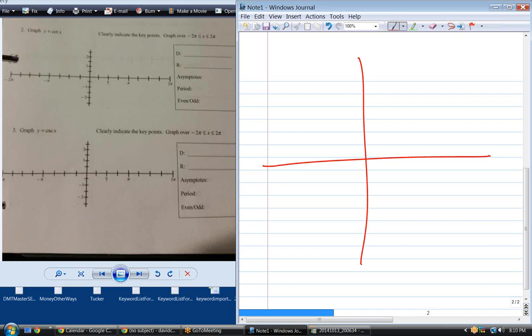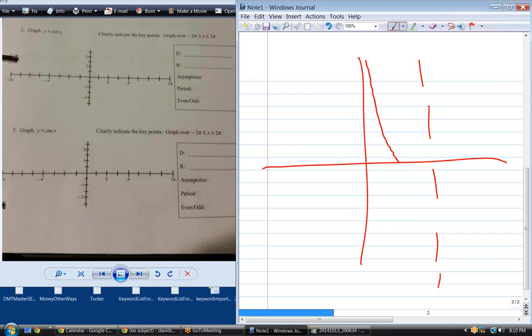By that I mean tangent straddles the y-axis with a period of pi, so it's got to go from minus pi over 2 to plus pi over 2. Cotangent sits on the right. Cotangent, I have a vertical asymptote there, and it's always decreasing, so it looks like that.